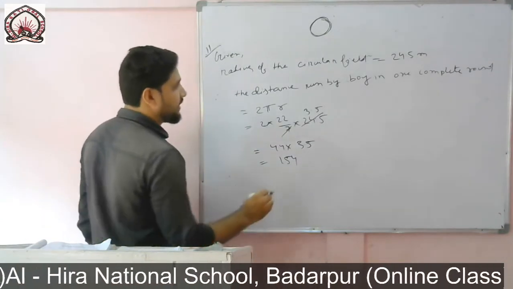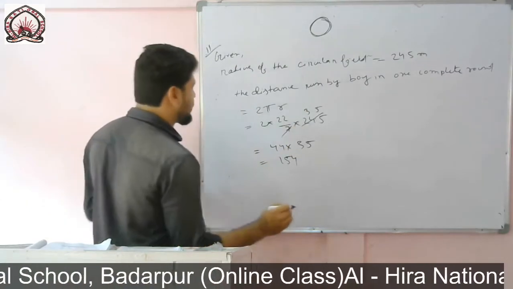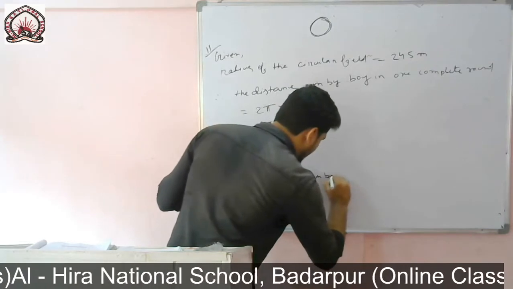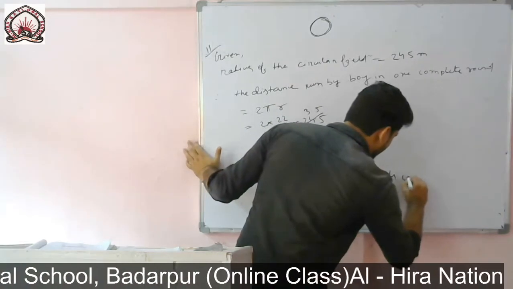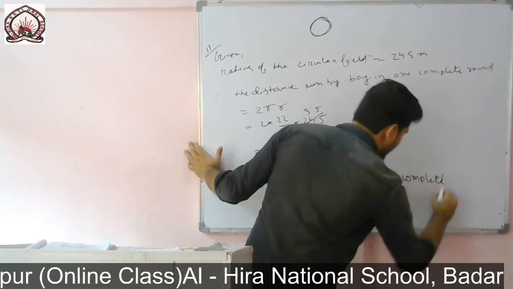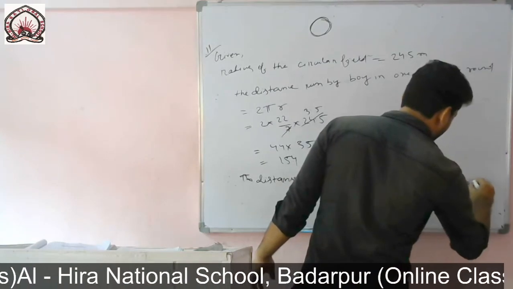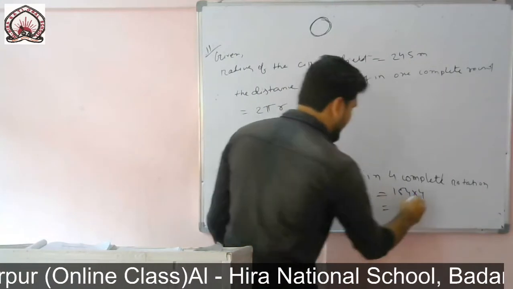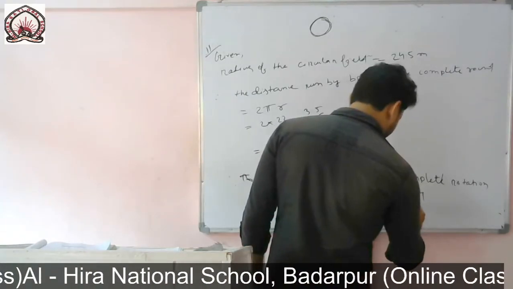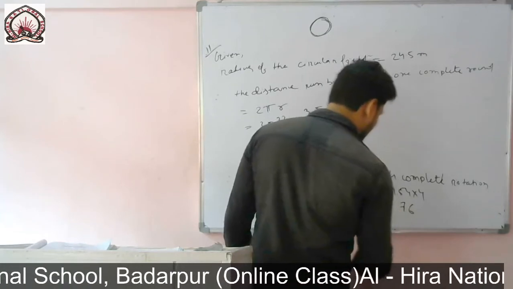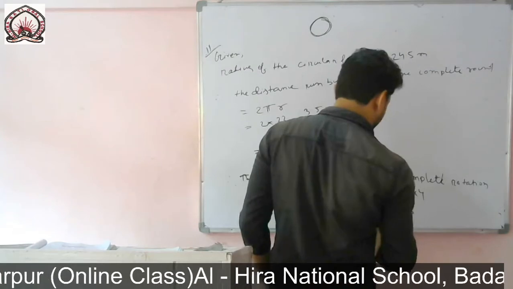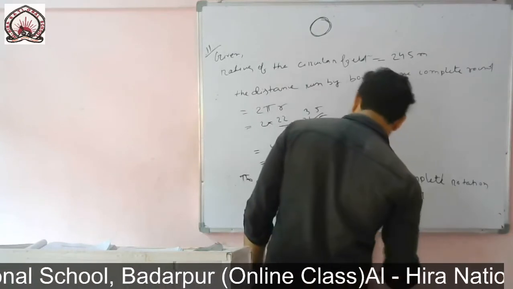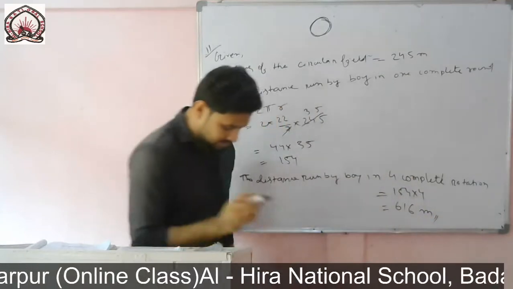Therefore the distance run by the boy in 4 complete rotations will be 154 into 4. 4 4s are 16, 5 4s are 20 and 1 makes 21, 4 ones are 4, so 616 meter. That is the answer.